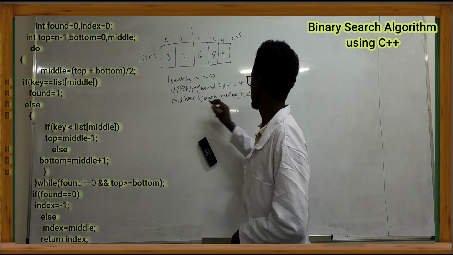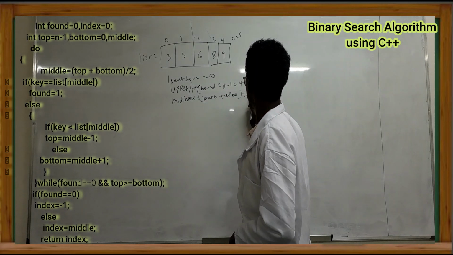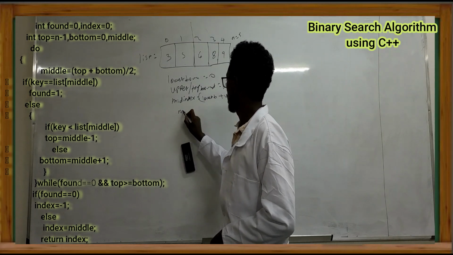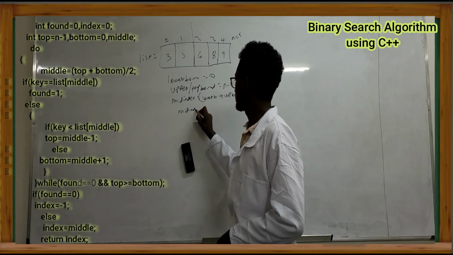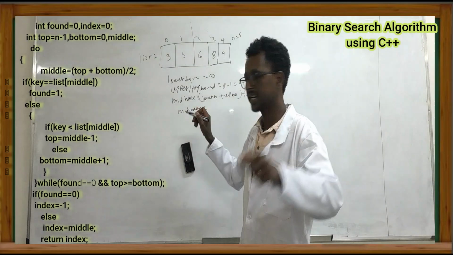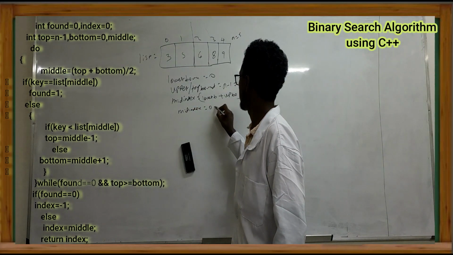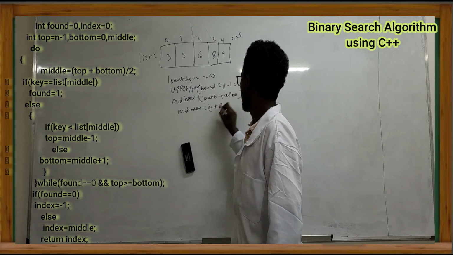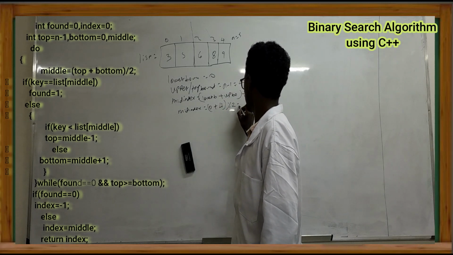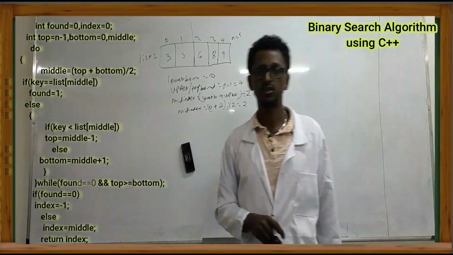In this case, the mid index is equal to the lower bound 0 plus the upper bound 4, divided by 2, which is equal to 2.